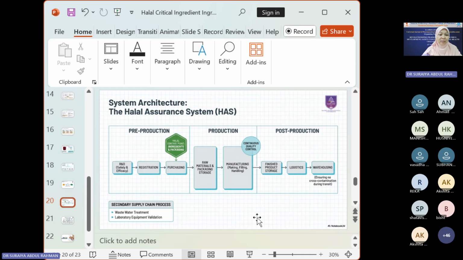So from pre-production to production and post-production must integrate the element of halal requirement, meaning they need to control from raw materials until the finished product. So we call it a halal built-in system or halal assurance system. All the process from beginning to end must be clean and not contain any non-halal contamination.